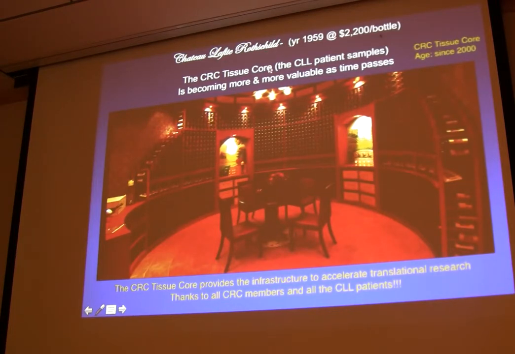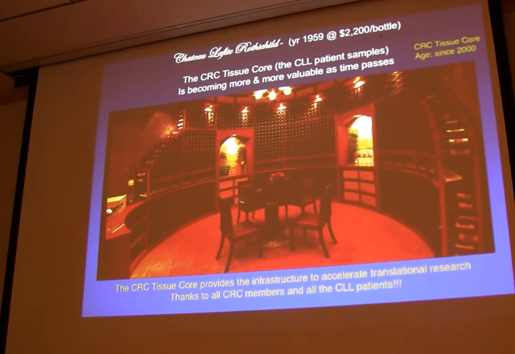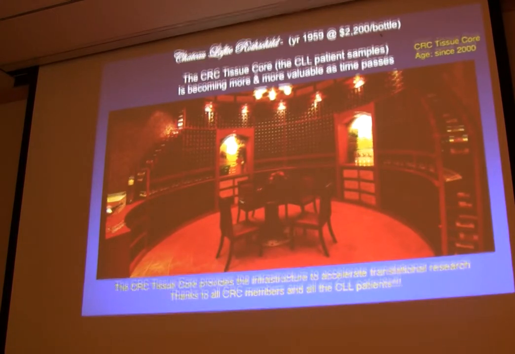But we figure that the CLL vials in our tissue core repository are very, very valuable, because as we have the cells from a patient, we find new ways of looking at the DNA or making discoveries. We can go back to those vials and look at the genetics or serial samples of a patient.